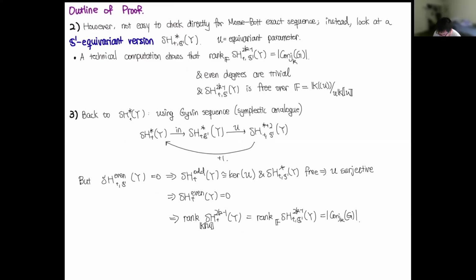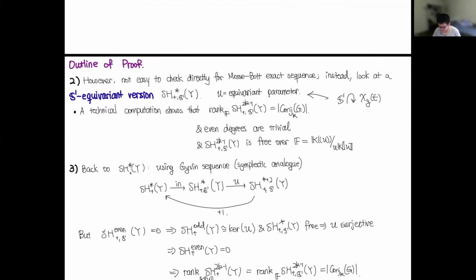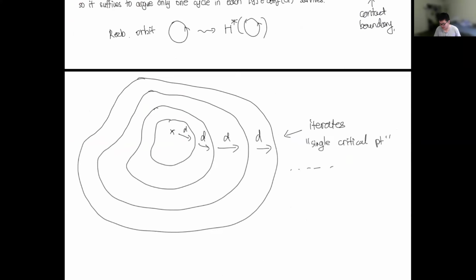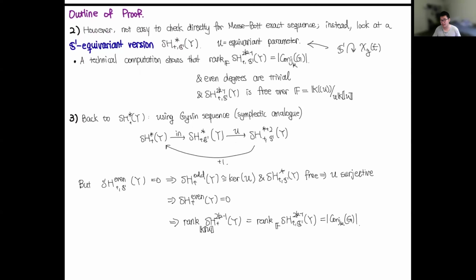And the reason for this is, well, where does this S1 equivariance come from? The S1 equivariance comes from the fact that it has a natural action on each orbit. Because here we only look at maps, which are parameterized, and there is a natural S1 action on the map, but if you quotient by S1, you get an S1 equivariant version where each orbit is just an honest orbit.